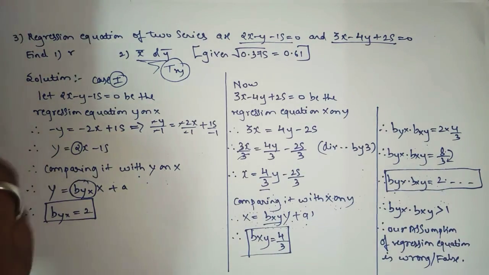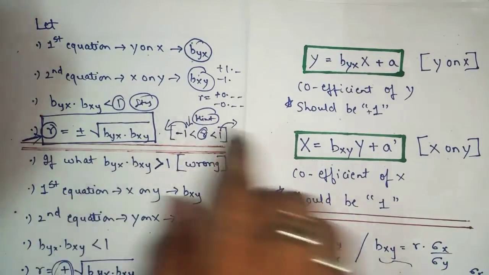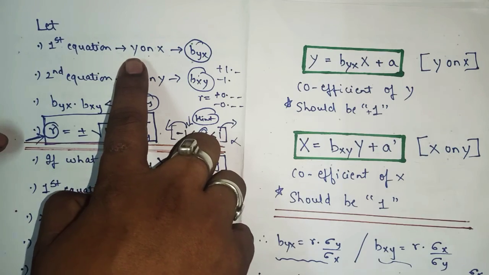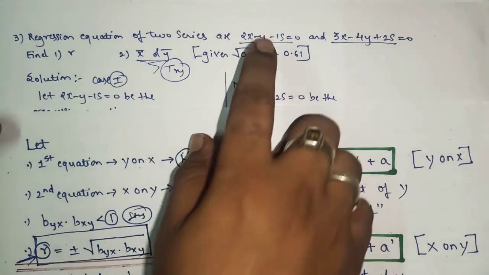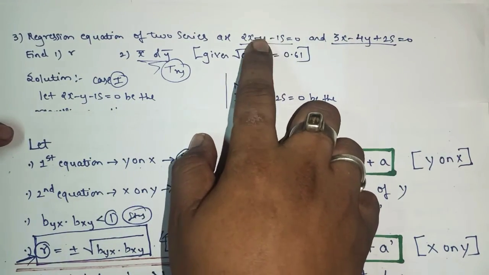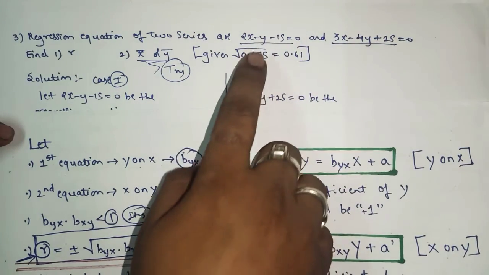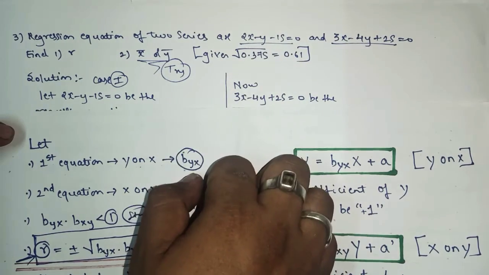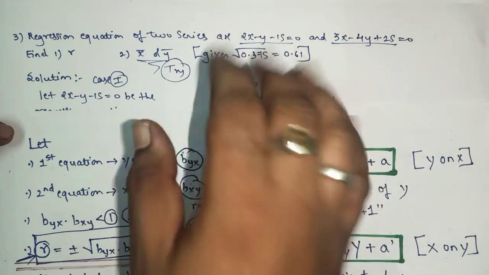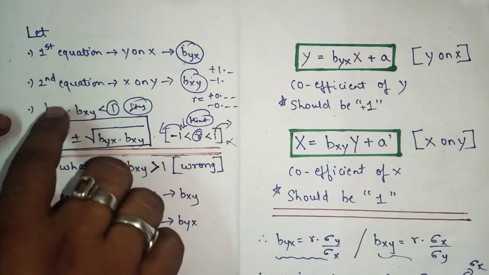As I told you, for each and every sum you will consider the first equation as y on x only, because we don't know whether the first equation given is x on y or y on x. Directly we cannot write that the first equation is x on y, or that it is y on x. So we have to check the product first.